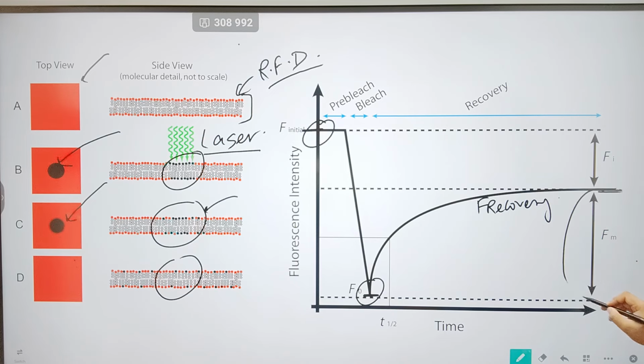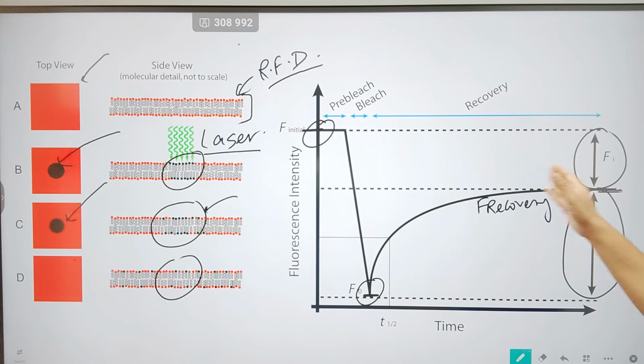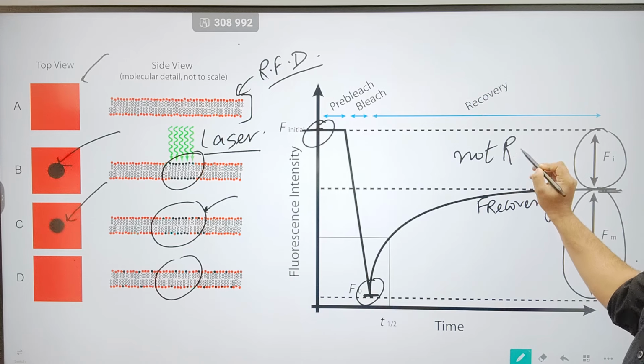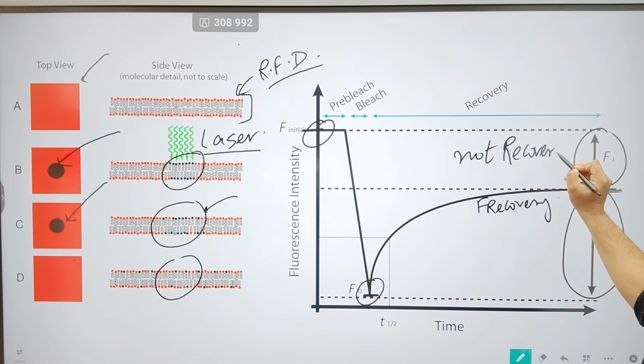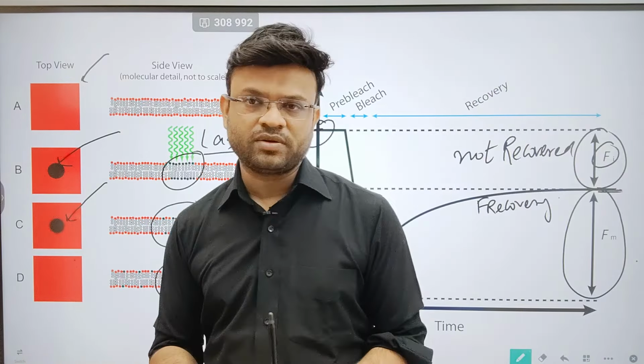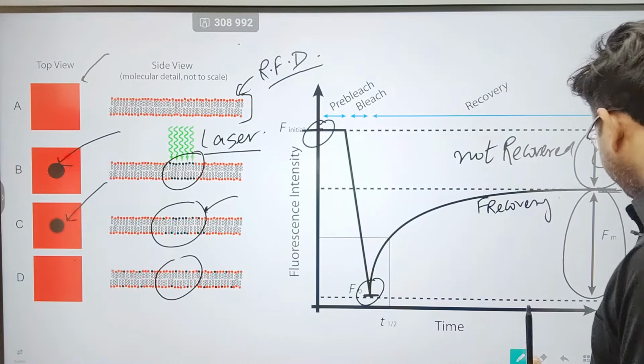The recovery has been done because of mobile components. This region was not recovered because of immobile components. So this is what I wanted to show you in this particular diagram. I hope this made sense to you.